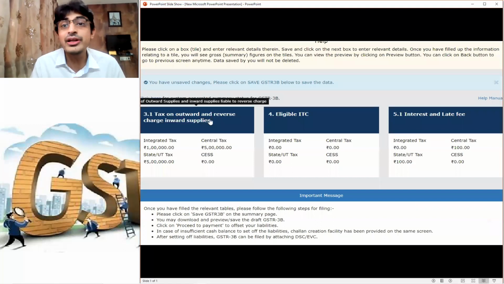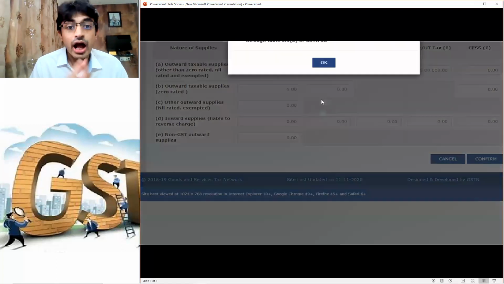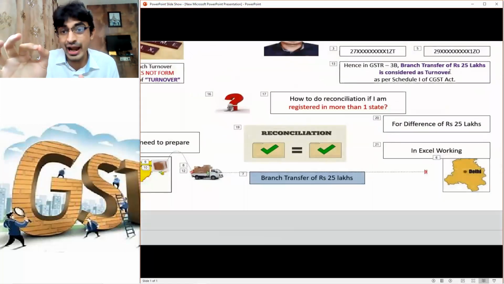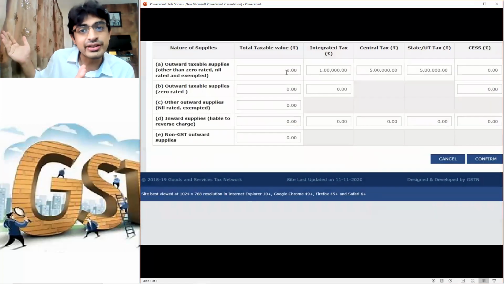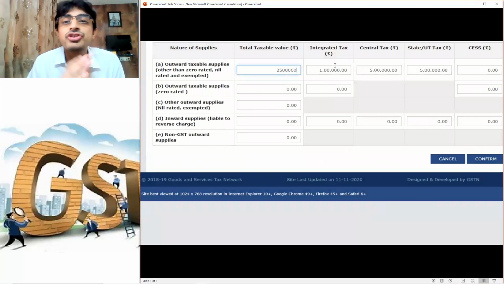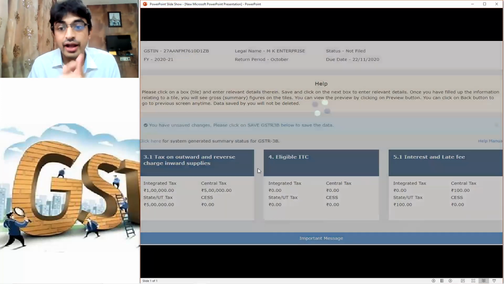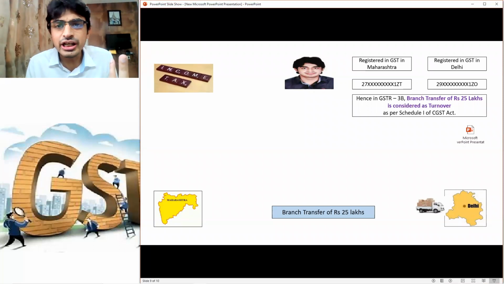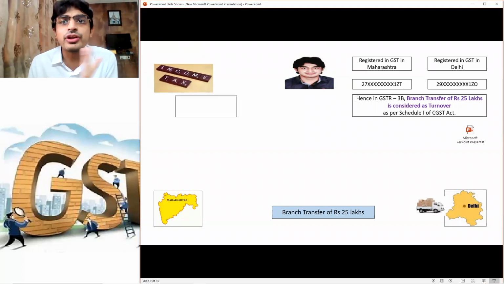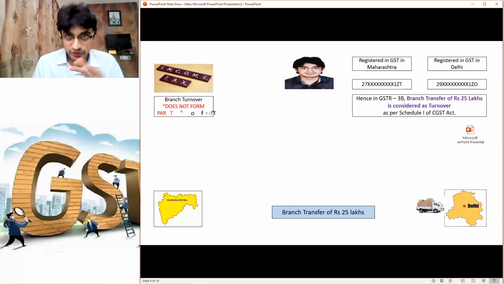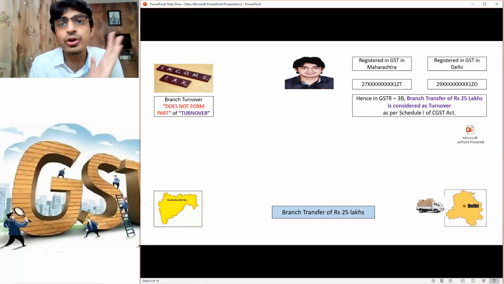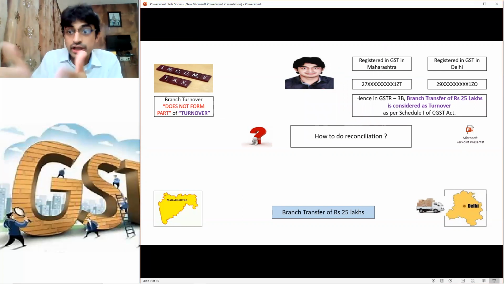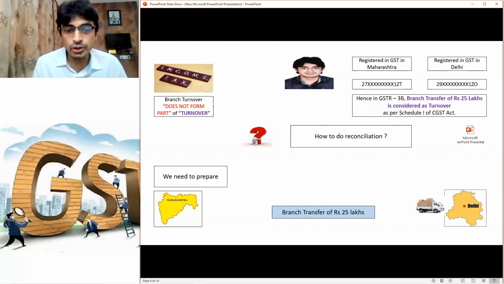When I file my GSTR 3B, I will show this 25 lakh as my turnover. But in income tax, such branch transfer is not considered as turnover. It does not form part of the turnover. So in income tax, this 25 lakh is not turnover. In GST, this 25 lakh is turnover.